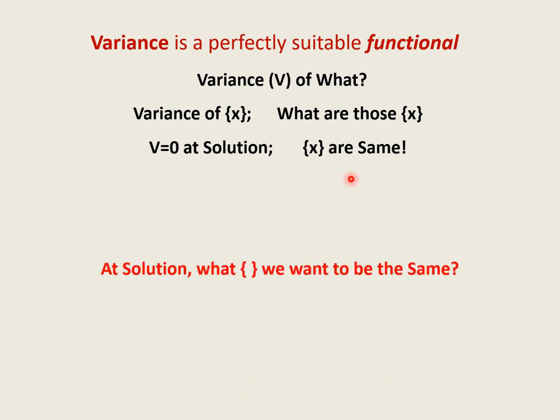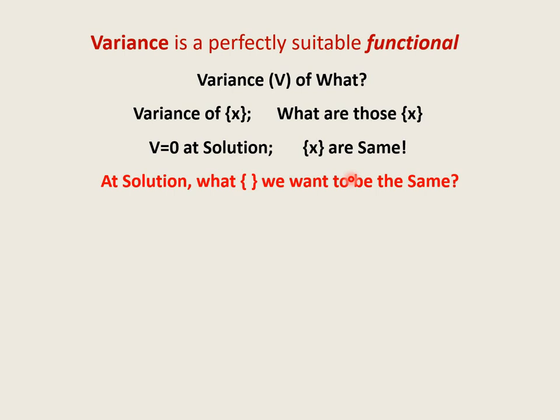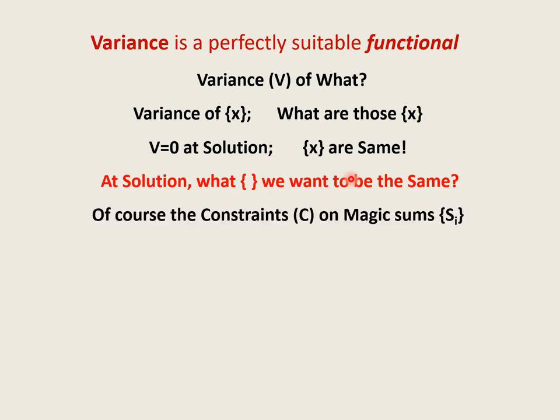Now the most important question: at the solution, what set of values do we want to be the same? Anyone can answer according to the problem. Of course, they are the constants or magic sums, for i meaning 1 to 2n, or 1 to 2n plus 2, 1 to 3n plus 2, etc. That means rows, columns, diagonals, etc. The sum of all the numbers along those rows, columns, and diagonals must be the same.